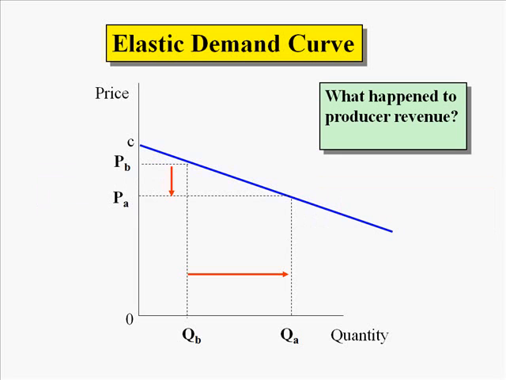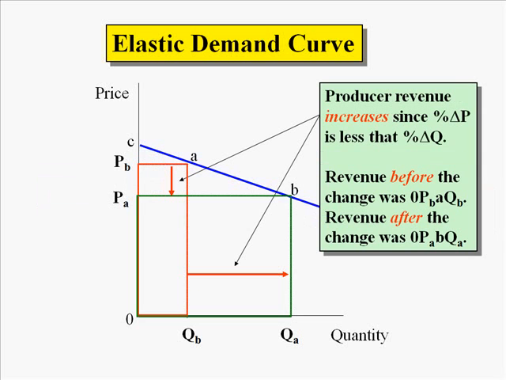Does that necessarily mean that you made more money? In this case, yes. Producer revenue increases since the percent change in price is less than the percent change in quantity. So the red box would be our revenue.